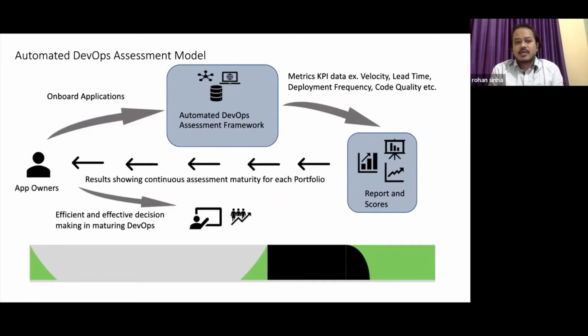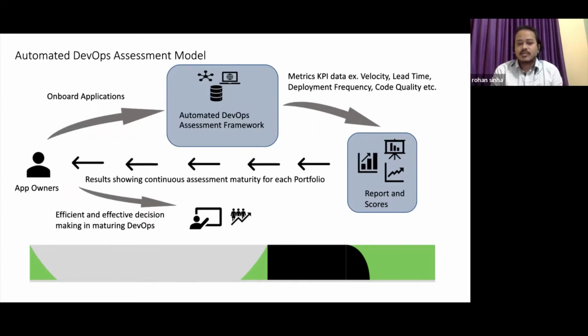Moving on next, I am going to discuss how this model looks in a simplistic fashion. Here on the left-hand side is the app owner, who is ultimately looking forward to progress in their DevOps journey.